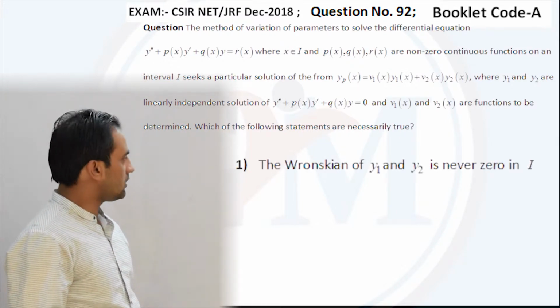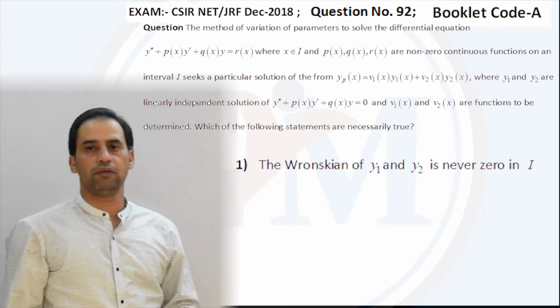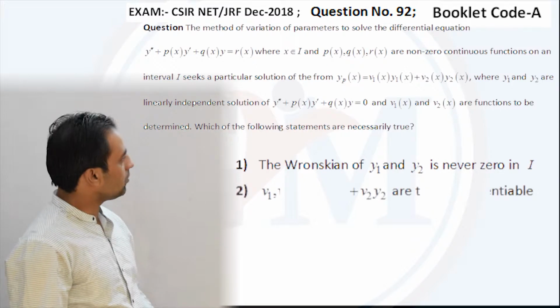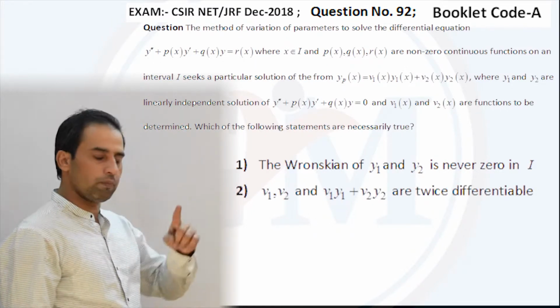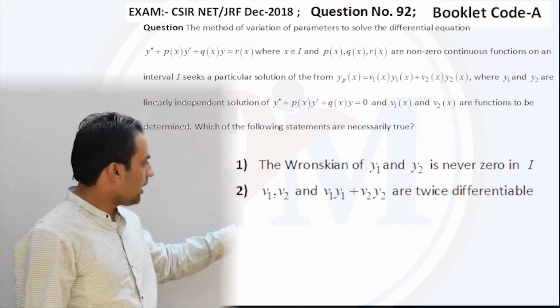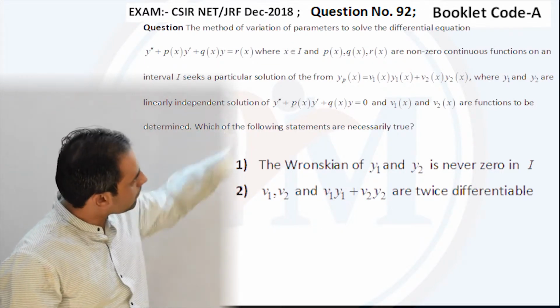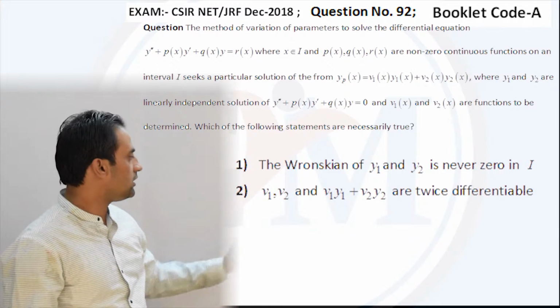Now the first option is whether the Wronskian of y1, y2 is 0 or non-zero. We have to identify this one. Second option: the v1, v2 obtained from variation of parameter, and v1 y1 + v2 y2, which is the particular solution yp, are twice differentiable or not.